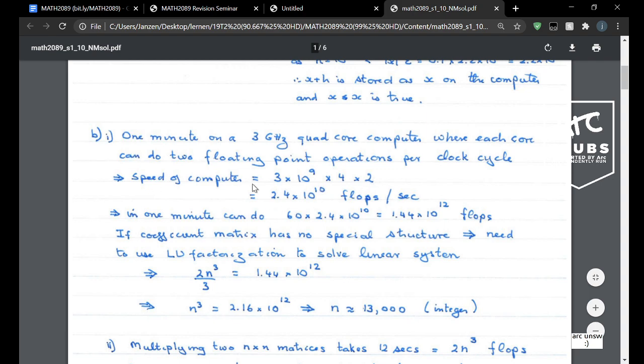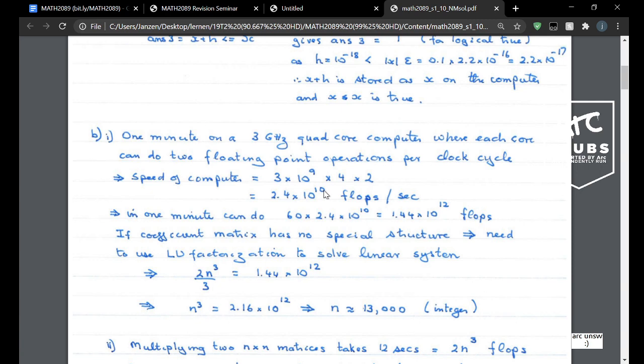Basically, you determine the speed of the computer by multiplying all these values together, and you find that it can do 2.4 times 10 to the power of 10 flops per second. In 1 minute, multiplying this by 60, we get 1.44 times 10 to the power of 12.